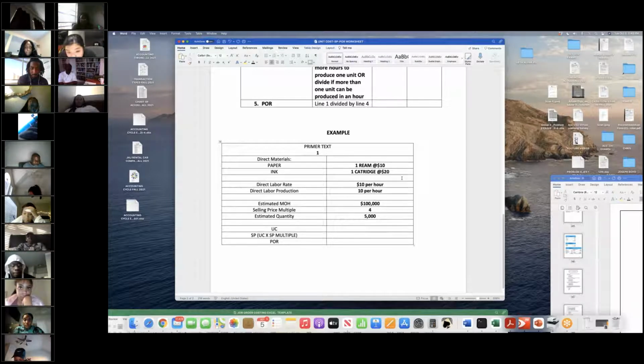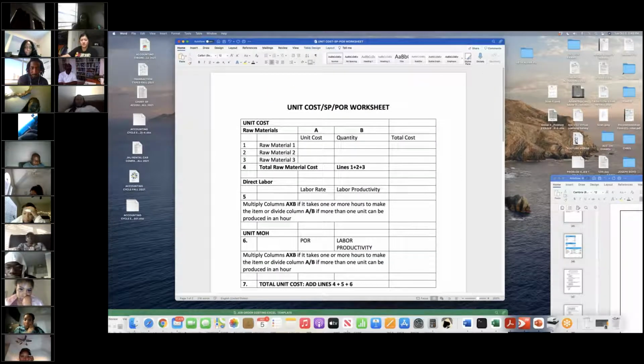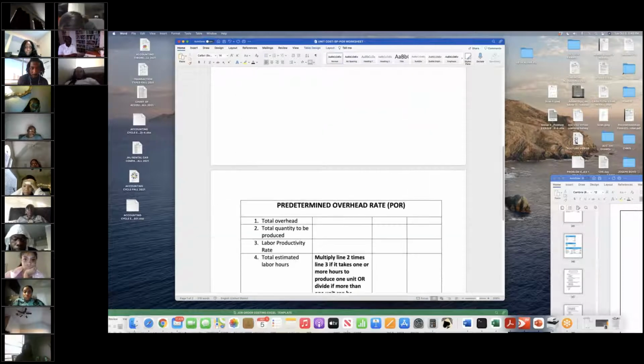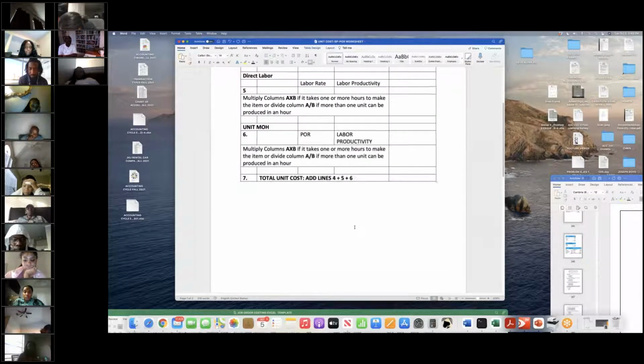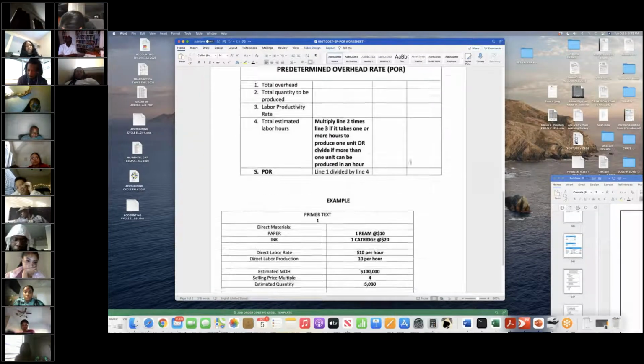Just try to follow it through. Go step by step. Calculate the raw materials cost. Then calculate the labor cost. Then go down here, do your POR, and calculate the unit manufacturing overhead.